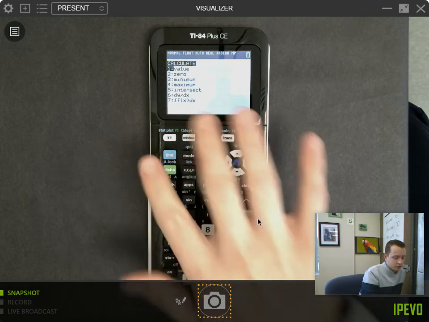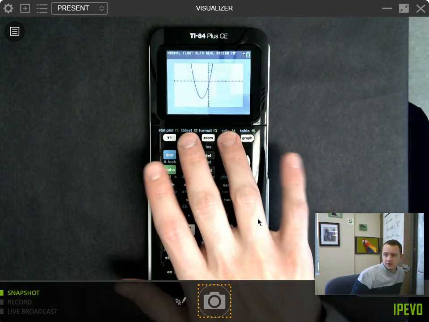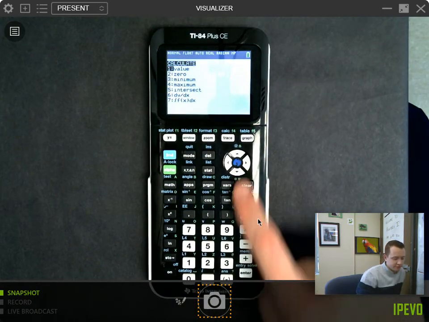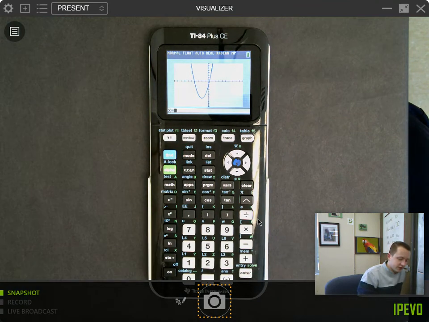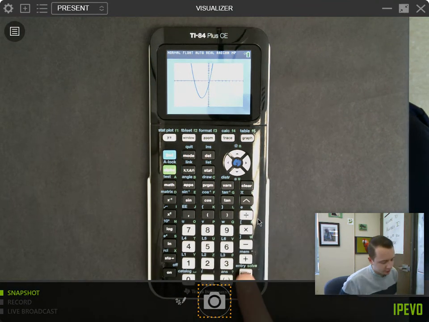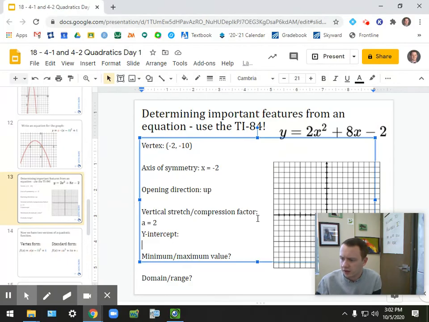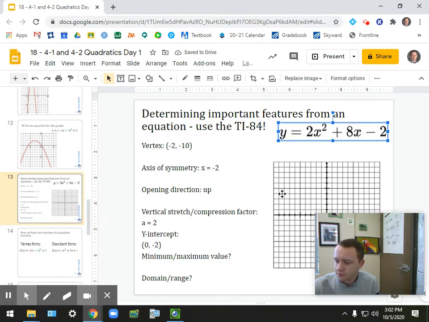I'm going to go to second trace, and then I'm going to calculate a value. I'm going to put in 0 for x and see what I get out. My answer is -2. So my y-intercept is the point 0, -2. We can see that it's actually the c value right here also.